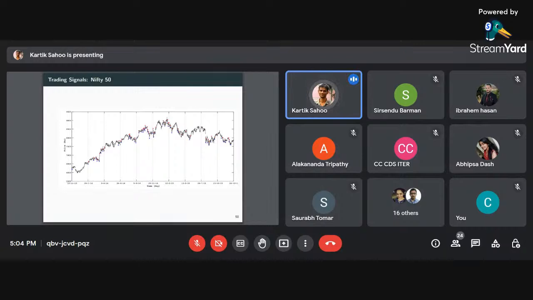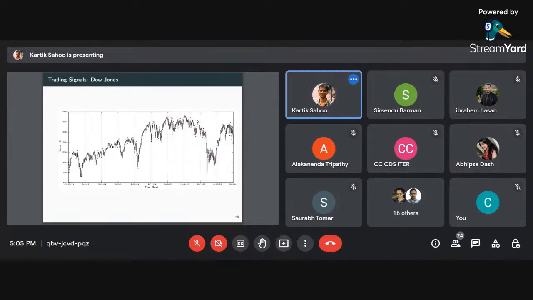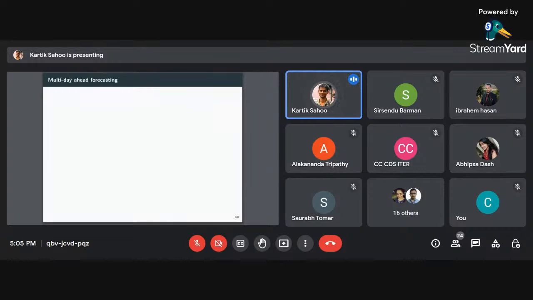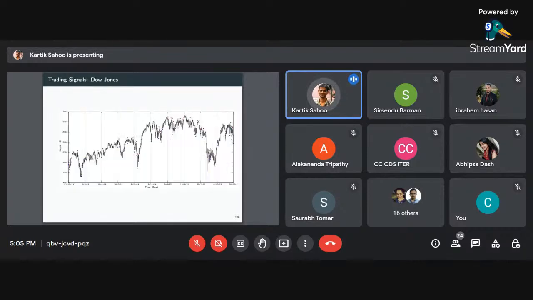Okay, this is the trading signals from the ensemble model. This is a sample result from Nifty 50 and this is from Dow Jones. I have taken two different types of graphs to show you how these machine learning models are working in two different markets.